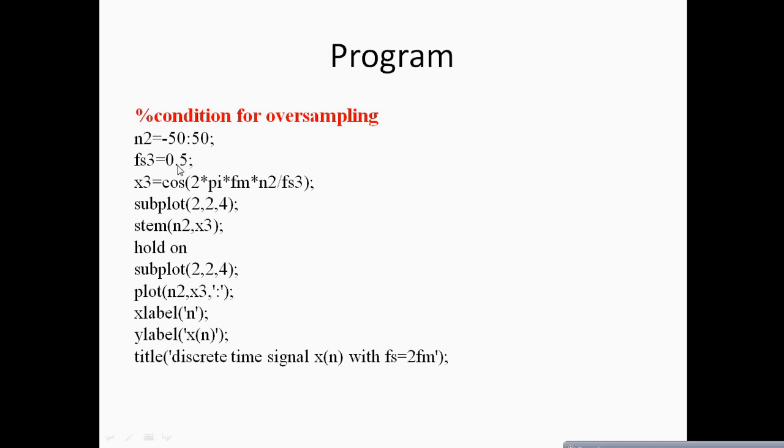The rest of the commands, as against X2 I've used X3, and you can also observe in stem, as against N1 I've gone for N2 and X3. So the rest of the section remains the same, that is hold on, subplot, plot, and labeling and titling of your entire program.